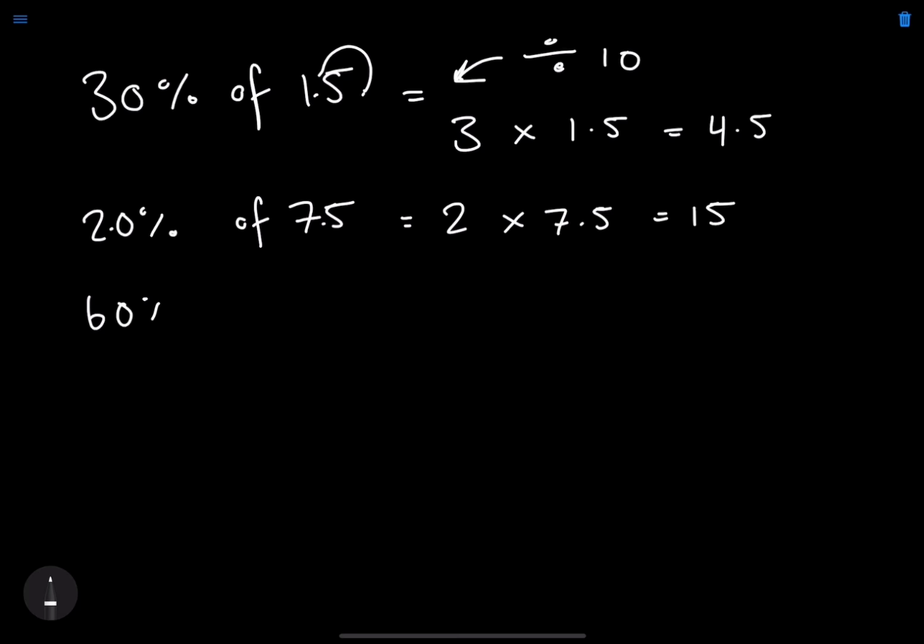So another example here, 60% of 15. So again, that's 6 times, and the 15 divided by 10 is 1.5, and that equals 9. So this method just simply divides both of the multipliers by 10, and then multiplies them together to get the answer.